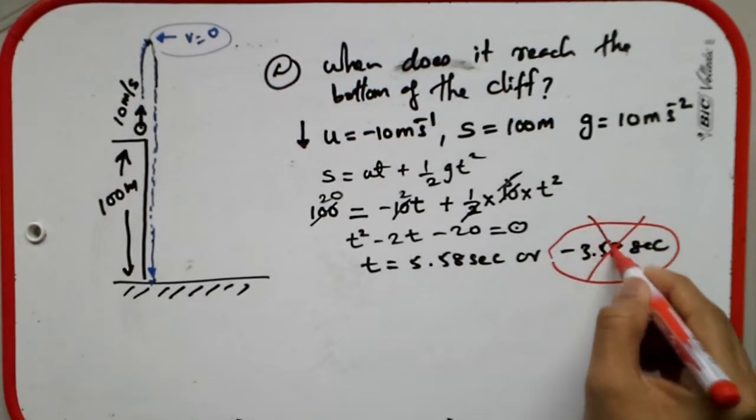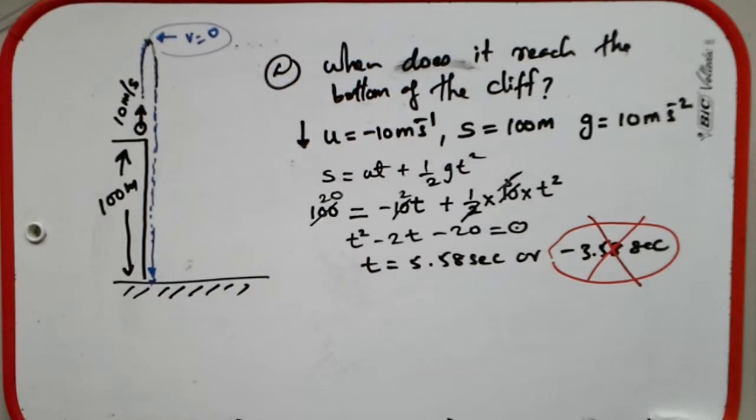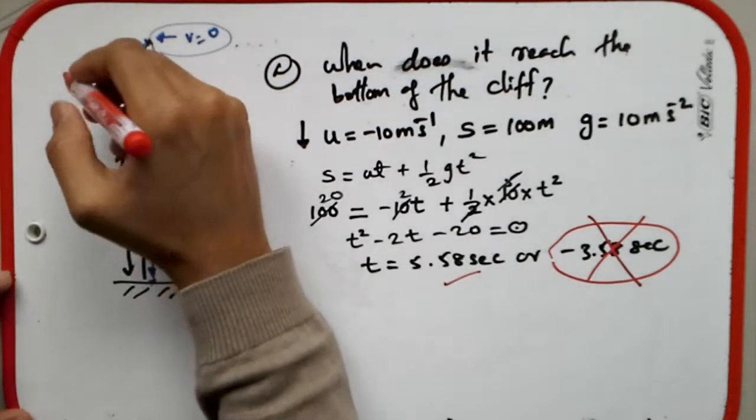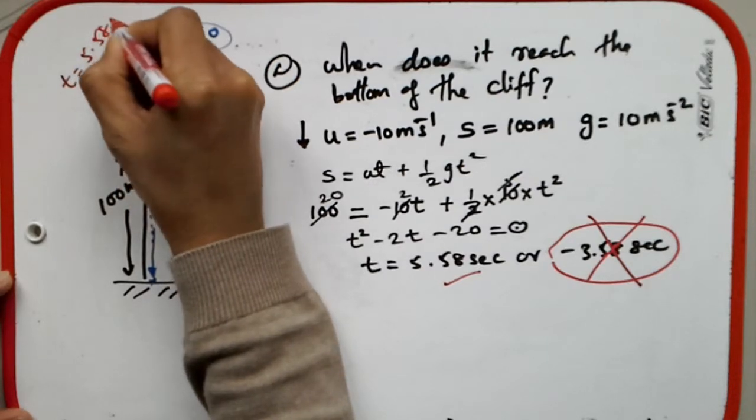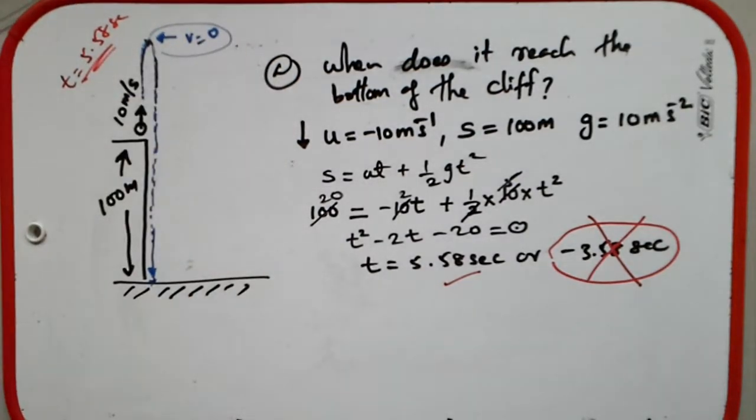You can omit this answer because time cannot be negative. So the answer is t equal to 5.58 seconds to reach the bottom. So we'll move to the next part of this question. I will mark it down here, t equal to 5.58 seconds. Maybe we need this later.